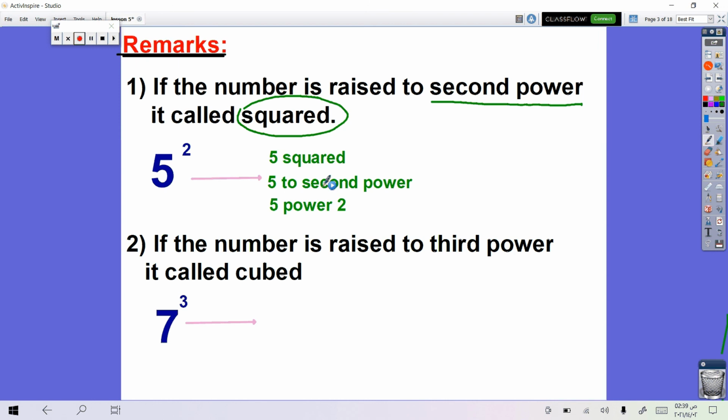But if the number is raised to the third power, it is called cubed. So if we have 7 in base and 3 in power, we can read it as 7 cubed or 7 to the third power or 7 power 3.